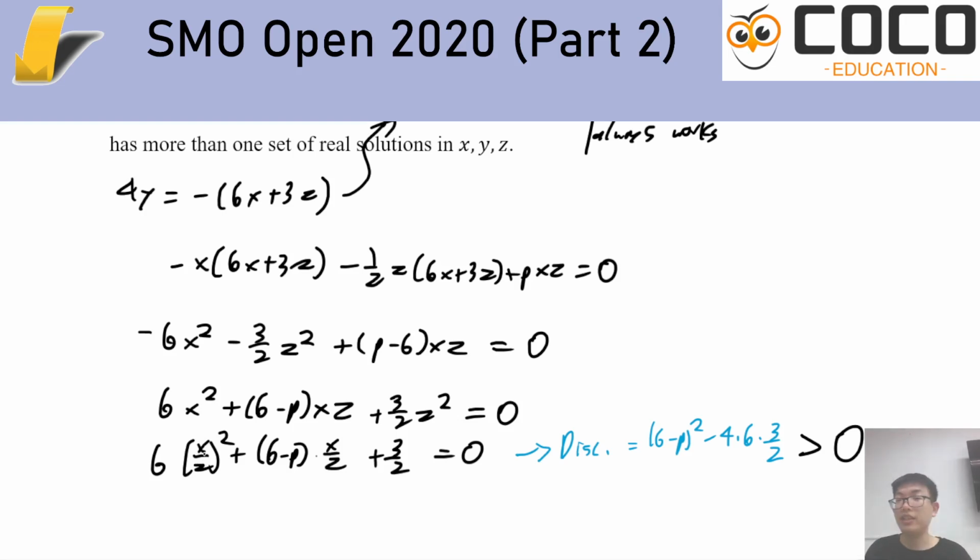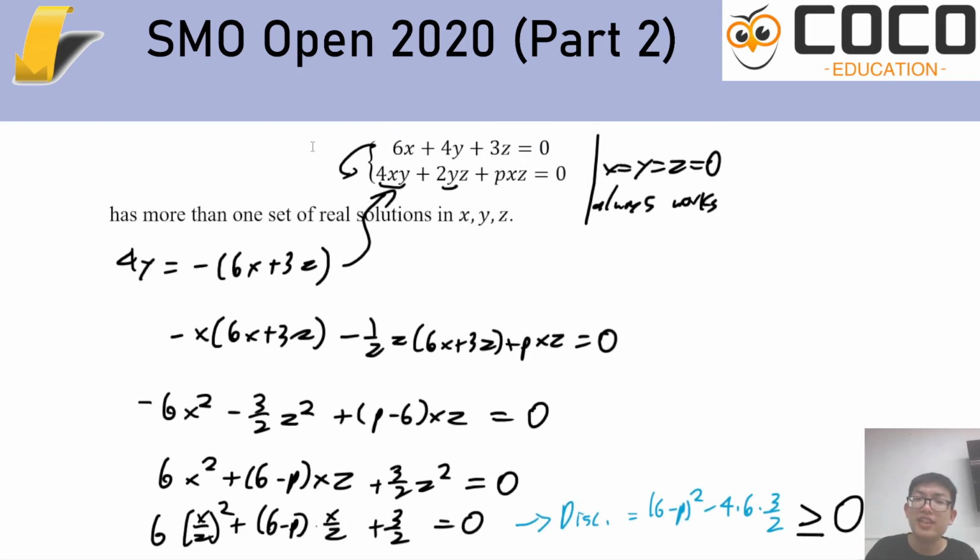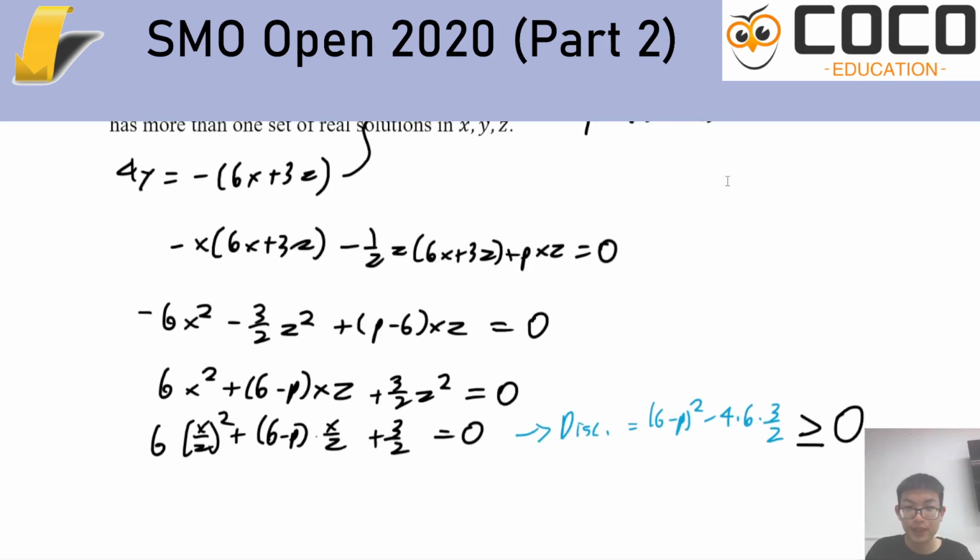If I told you that x over z is 5, that means x is anything that's 5 times z, that's infinitely many solutions. So I only need one solution. And so the "more than one set" kind of tricked a lot of students, not to mention that 0, 0, 0 also works, so that's also going to be one trivial solution there already.